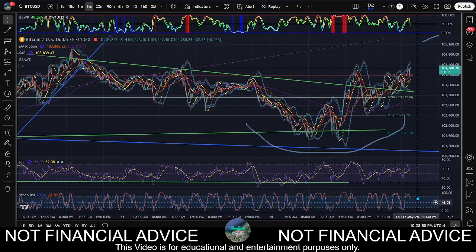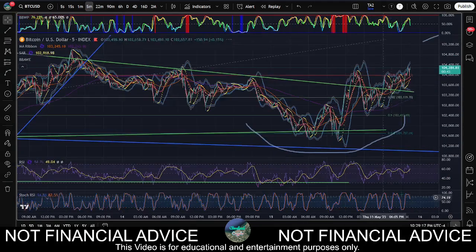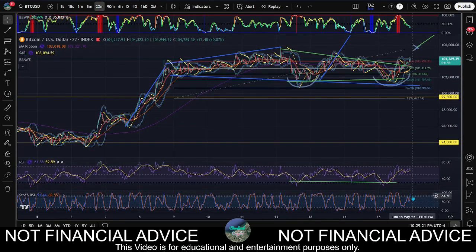And as long as that oscillation comes down and comes back up on the 5, on the stochastic RSI on the 5 minute, and we see that higher low on the price action, then there's a good chance that we'll see that Stoke get stuck there on the 22 minute as the Stoke on the 5 minute gets turned around.